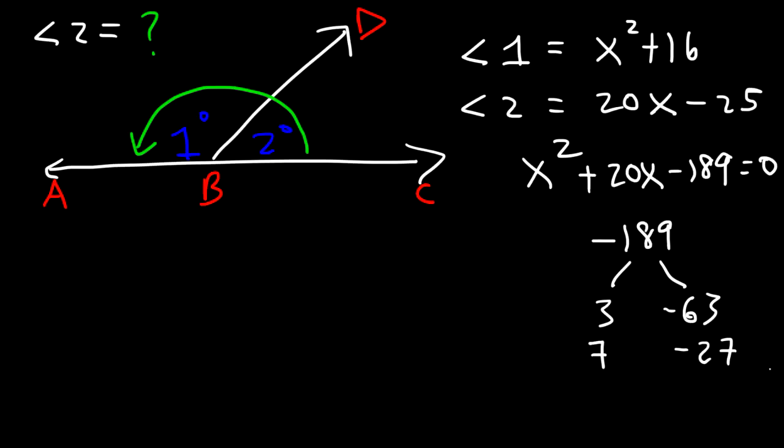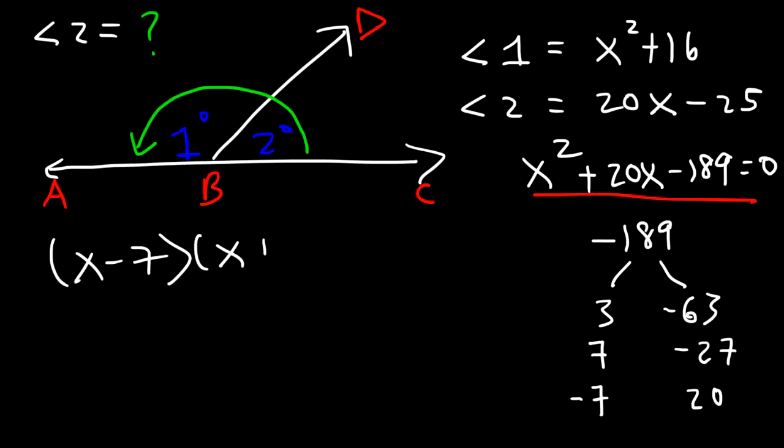And notice that 7 and 27 differ by 20. But 7 plus negative 27 is negative 20, so we have to reverse the sign. So what we want to use is negative 7 and positive 27. Therefore, to factor this expression, it's going to be x minus 7 times x plus 27. And so that's equal to 0.